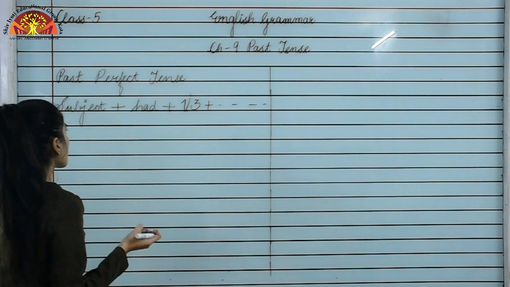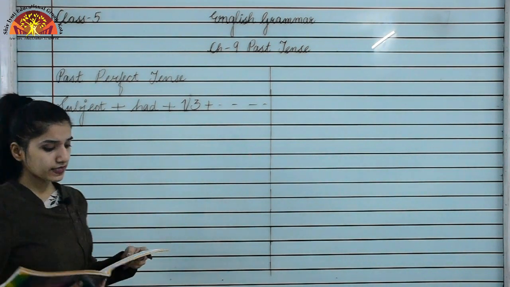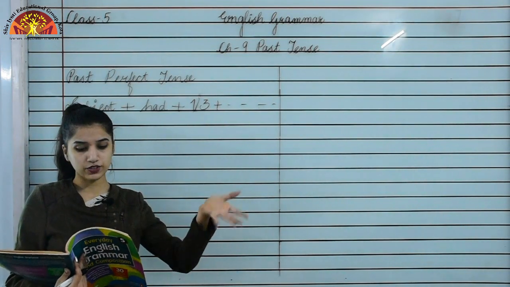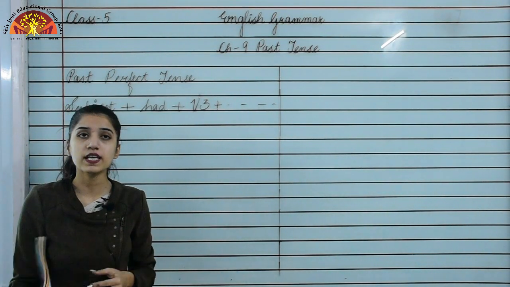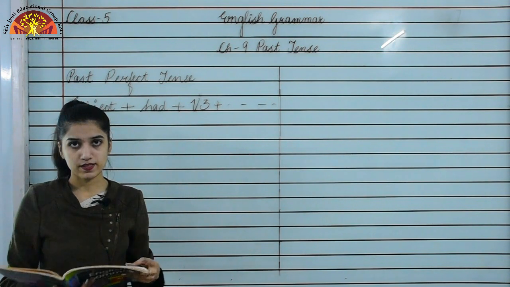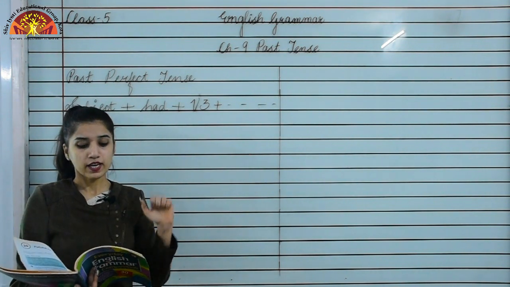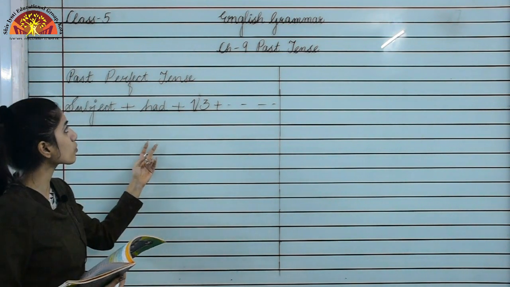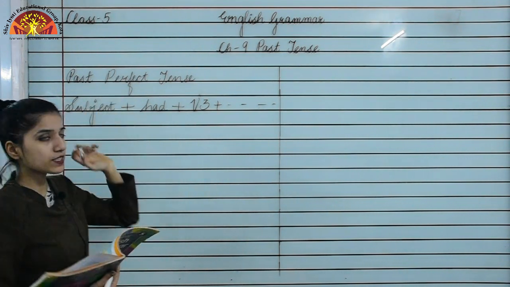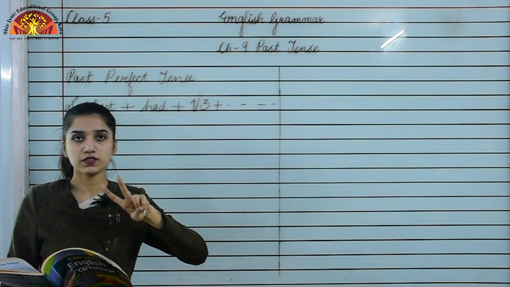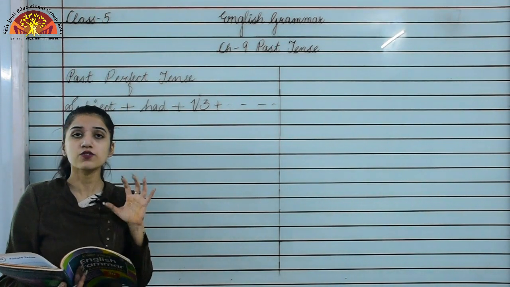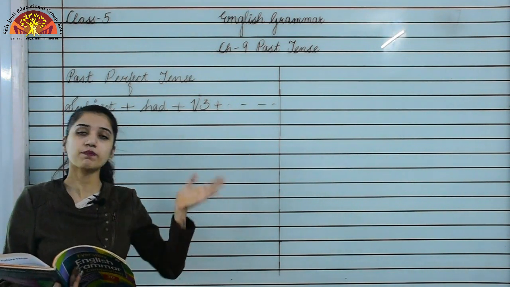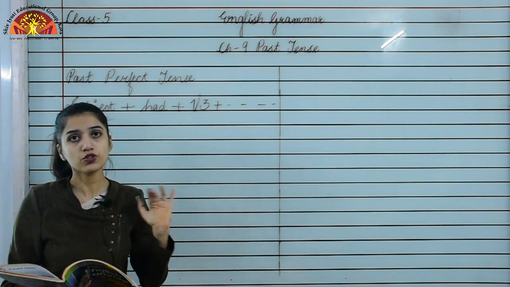Okay, so now I am writing some examples. While the past perfect shows the earlier of two past actions, the later past is expressed using the simple past tense. So one action had taken place before. We will be talking about two actions over here. In the past perfect tense we will be seeing two actions, because it is used to make it clear that one event has happened before another action took place.